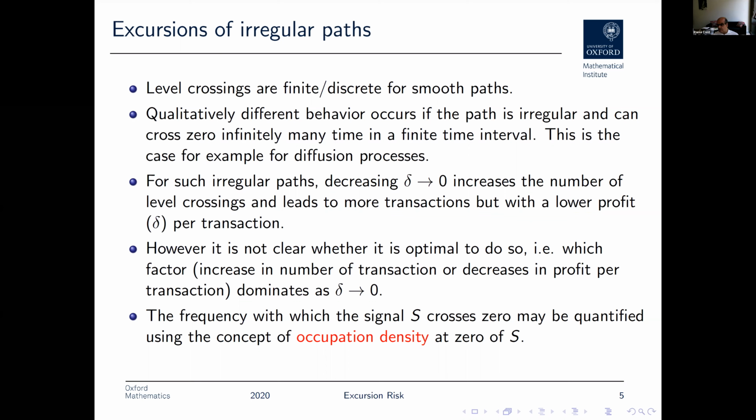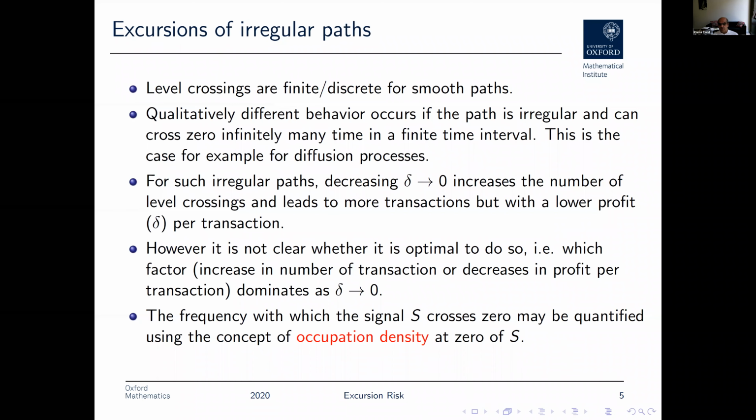So in fact, we're going to see that it depends on the roughness of the path. In some cases, the interest of the investor is to have a low delta, high frequency of transaction. In other cases, there is an optimal delta, which is strictly positive, and so on.